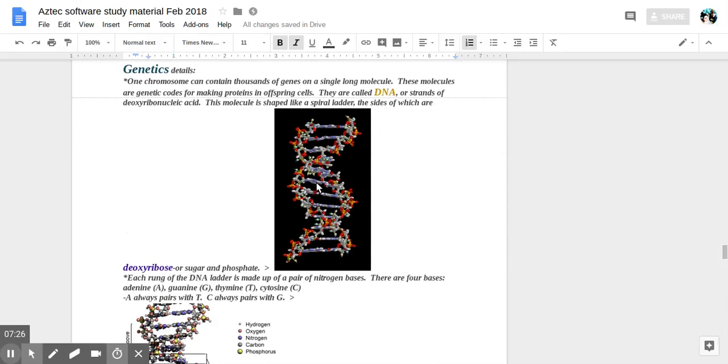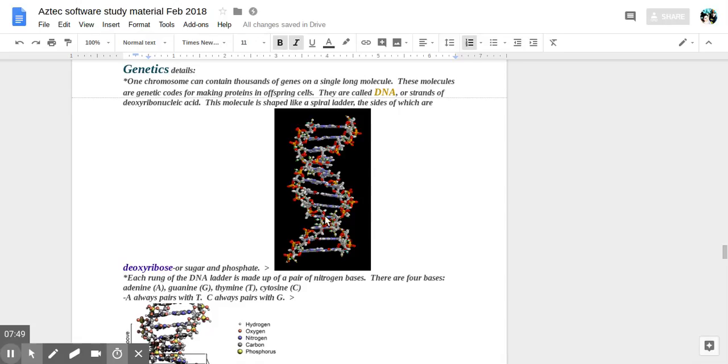More specifically in genetics, the DNA consists of the following. One chromosome can contain thousands of genes on a single long molecule. These molecules are genetic codes that code for proteins in cells.